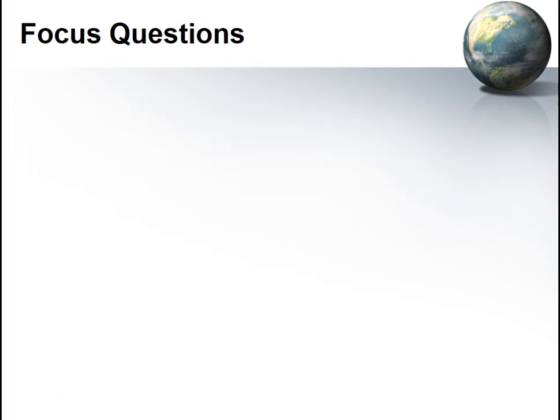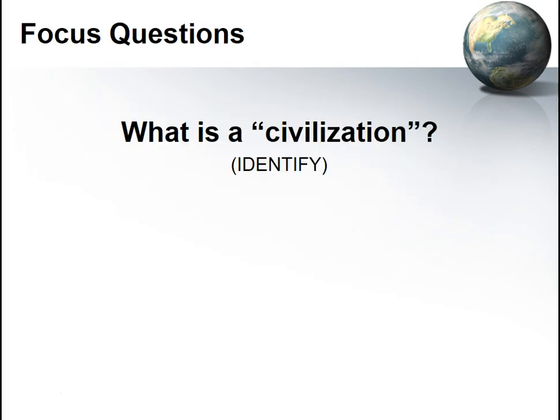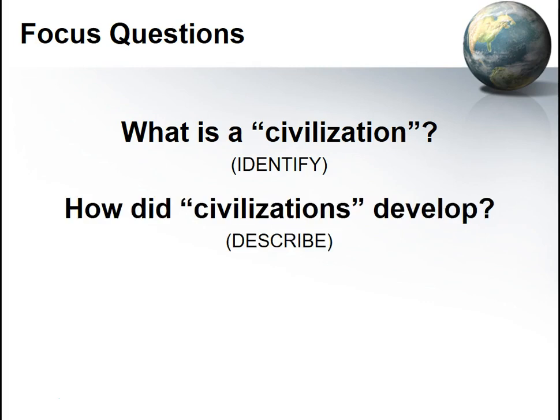So let's come back to our focus questions for today. What is a civilization? Well, trying to define it, and the activity we're doing tomorrow, is a very challenging thing. Rather than focusing on what it is, we're focusing on what the features of it are. How did it develop?